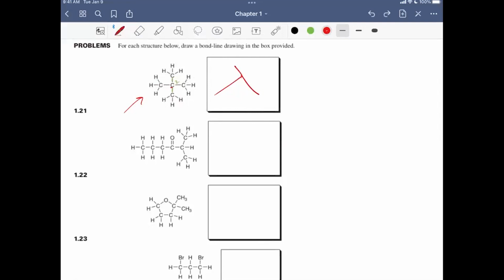Those bonds are pretty close together. So you want to draw it something like this. Okay. That second carbon that we labeled has 2 other carbons attached out from it. Those carbons all have 3 hydrogens attached, and we have accounted for everything there. And your final structure should look something like this.